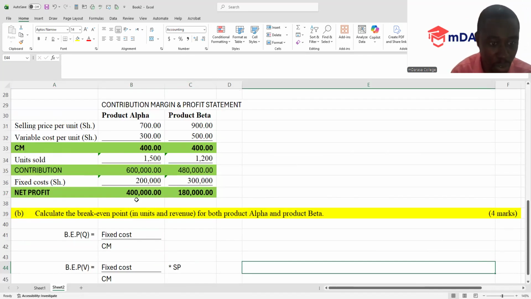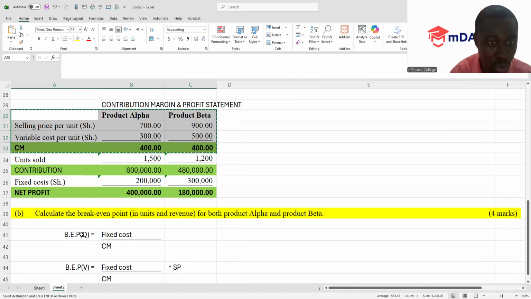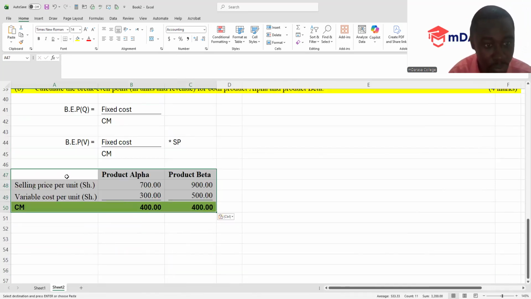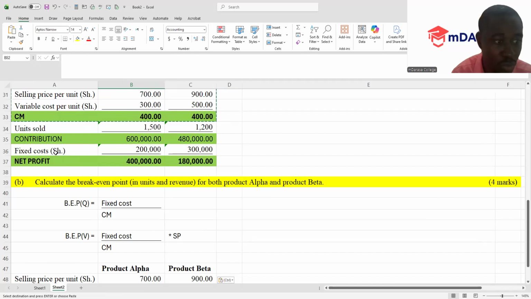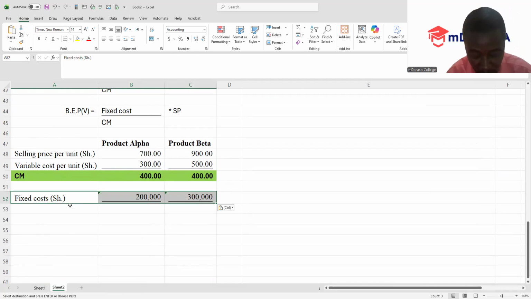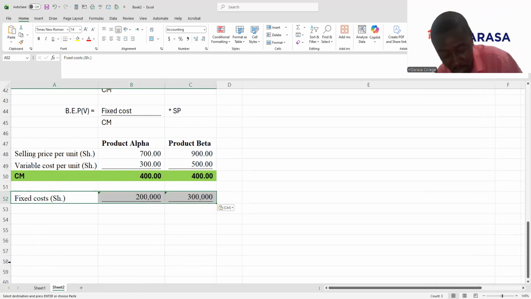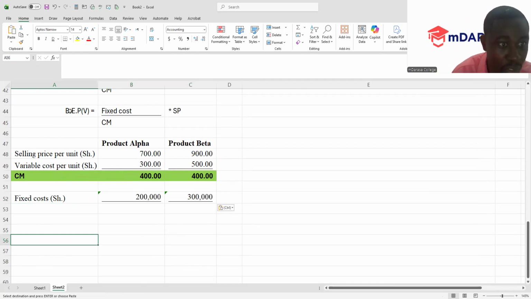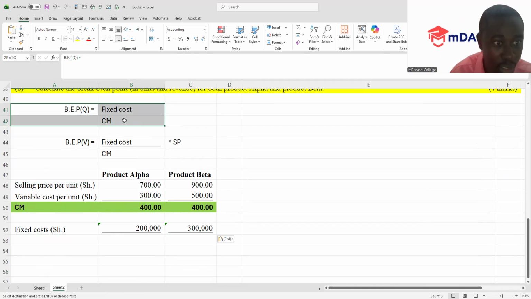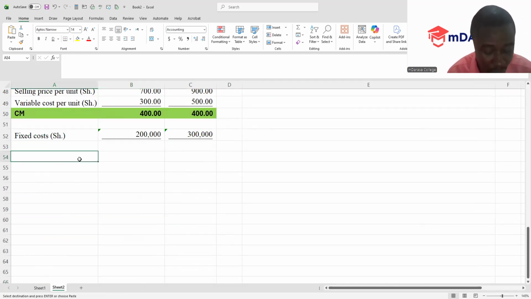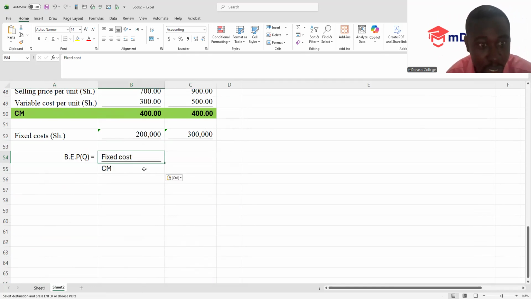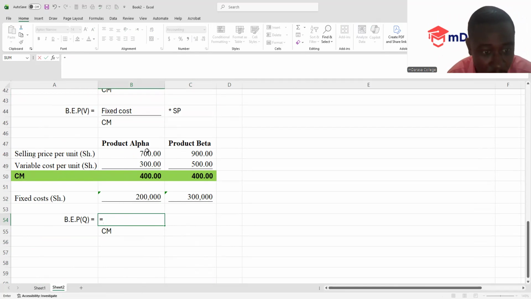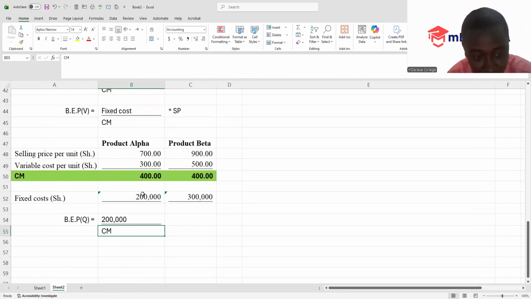So in our case, for the two products, we take our details: we have the contribution margin component and our fixed cost for the two products. We can then determine the break-even point in quantity. For product alpha, we take 200 as the fixed cost divided by the contribution margin.